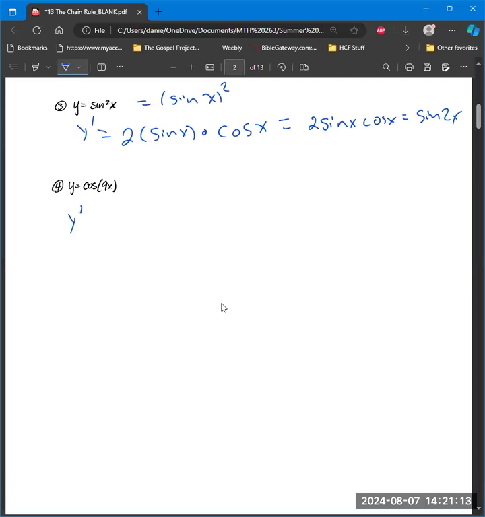Now we're going to take the derivative of the outer function, leaving the inner function alone, times the derivative of the inner function. It's going to be negative 9 sine of 9x.